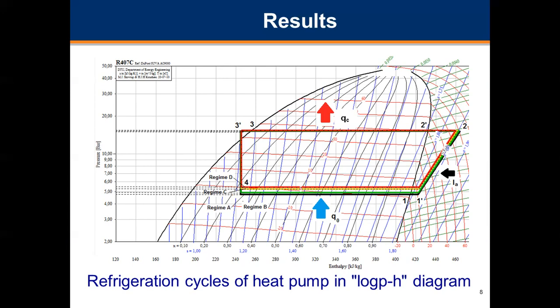It can be seen that as the heat pump shutdown temperature increases, the curve of the refrigeration cycle shifts upwards in the diagram. The relatively higher change of the evaporation pressure compared to the condensation pressure is due to the fact that the temperature range of the refrigerant evaporation is regulated by the respective setting of the shutdown temperature of the heat pump.